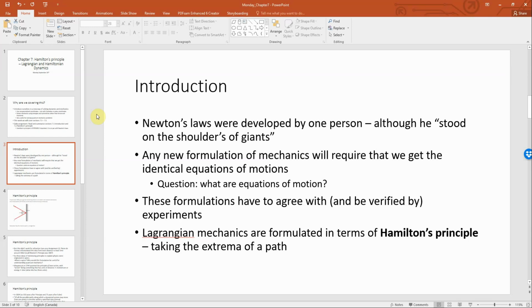So this leads to a question: what are equations of motion? When I say solve for the equations of motion, this is not to do with the textbook. This is something to do with when you're answering a problem and I ask what the equations of motion are. Understand what that means rather than solving for the trajectory of the particle.